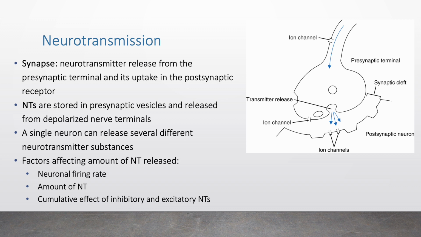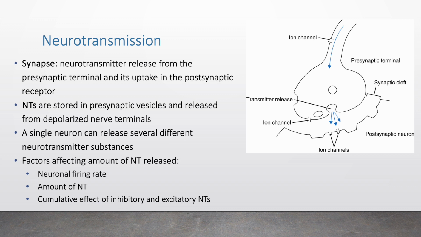Neuronal firing rate is the frequency of action potentials or nerve impulses in the presynaptic neuron, which influences neurotransmitter release. The quantity of neurotransmitter available for release affects the strength of synaptic transmission. The balance between excitatory and inhibitory neurotransmitters modulates neural activity. Neurotransmission is the process in which neurons communicate with each other.